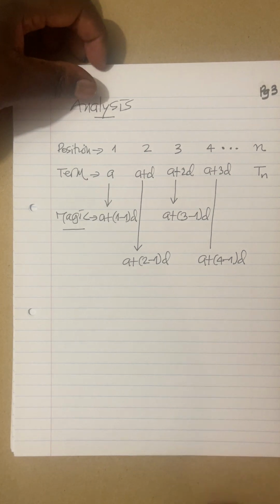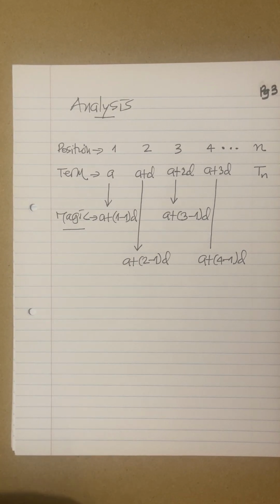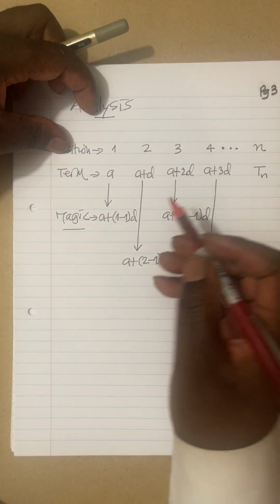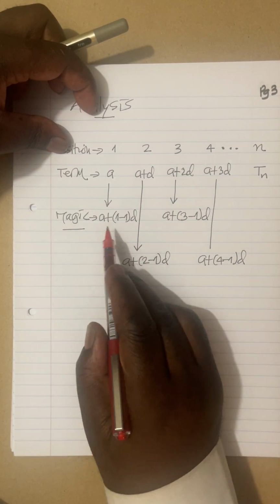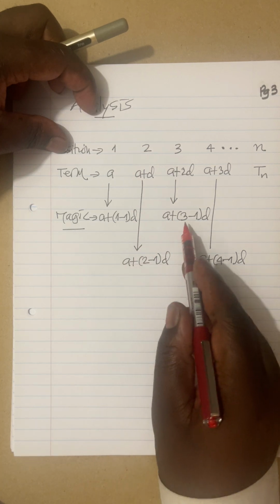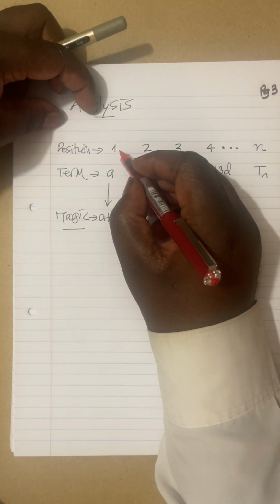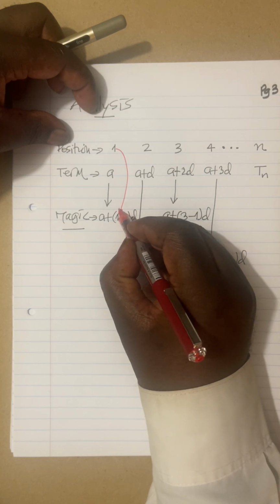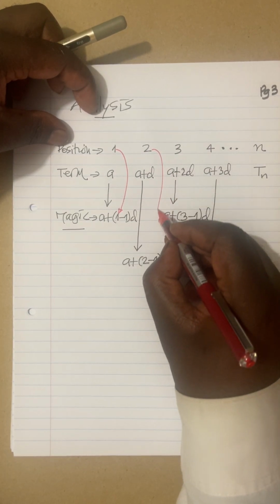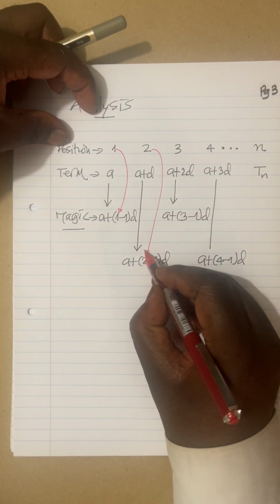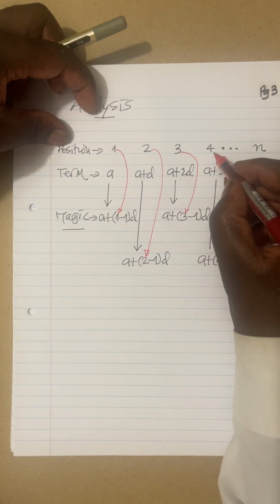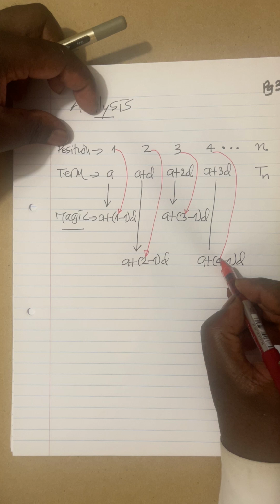The question is, where are these numbers coming from? The answer is as follows. Look at this, 1, 2, 3, 4: it's the position of each term. So that 1 there is that 1 there, that 2 there is that 2 there, that 3 there is that 3 there, and that 4 there is that 4 there.